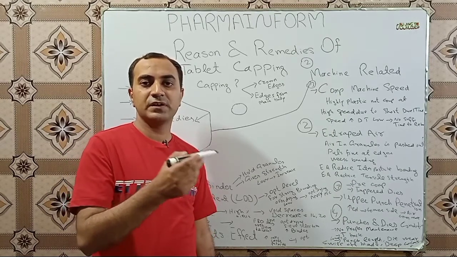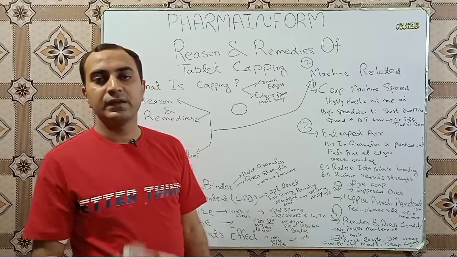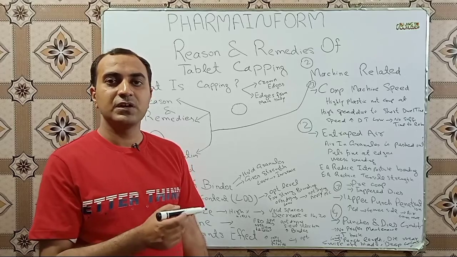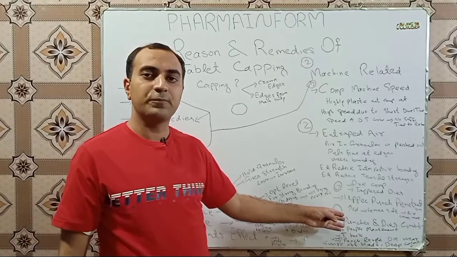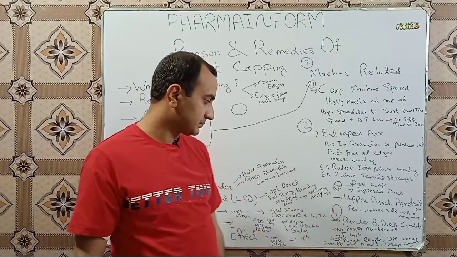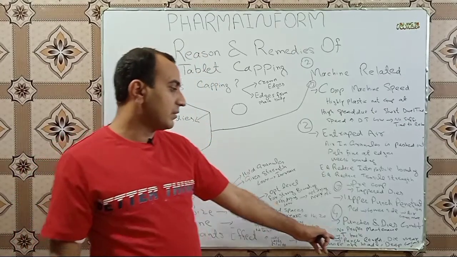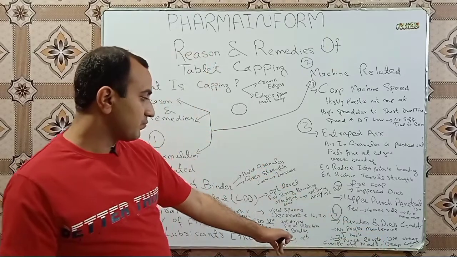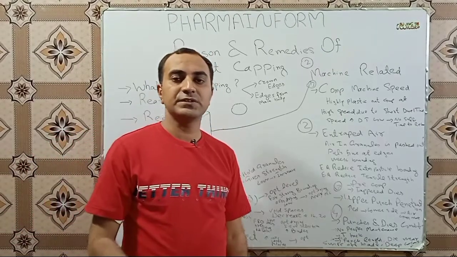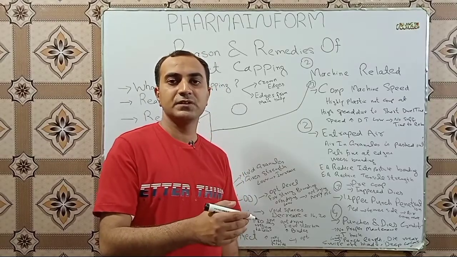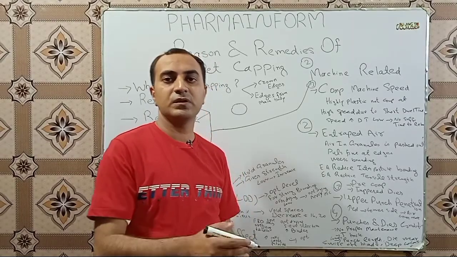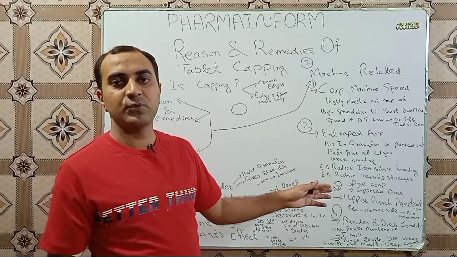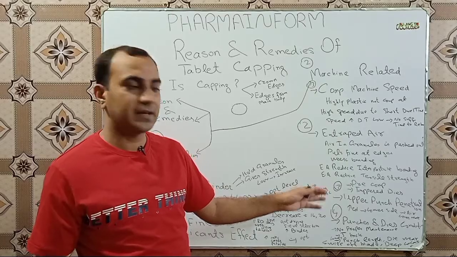A J hook is basically a curved, J-like structure on the surface of the punch, which will remove or break the tablet edges. Wear and tear of the die may also promote tablet capping. If the lower punch length is shorter than the normal standard, it will not eject the tablet properly from the die and will result in tablet capping.